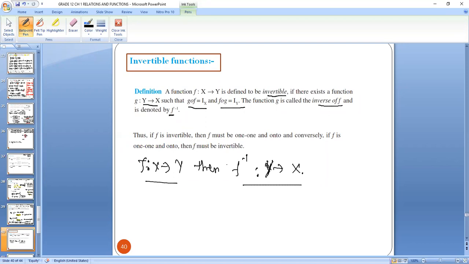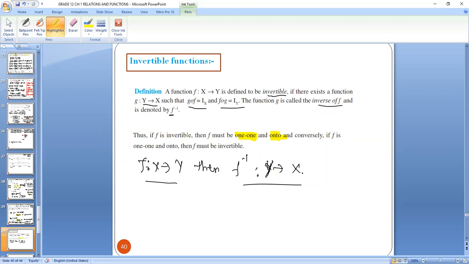But this is only possible if the function is 1-1 and onto, right? अगर function 1-1 and onto नहीं है, then F will not be invertible.